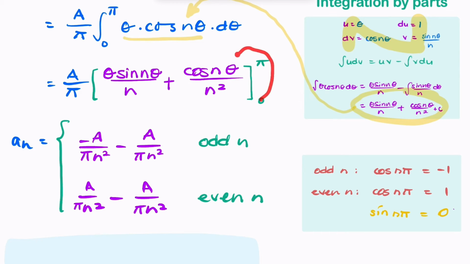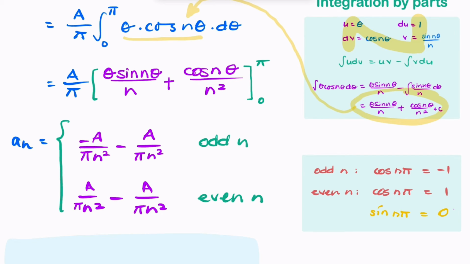minus, and then you substitute cosine 0, which is 1, you end up with, if you include the a over pi, negative a over pi n squared minus a over pi n squared. And I'll do that again for even values of n.